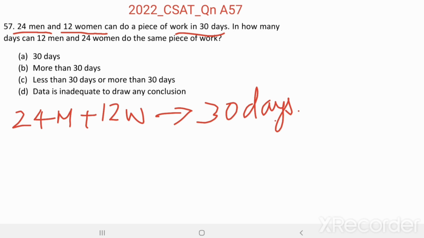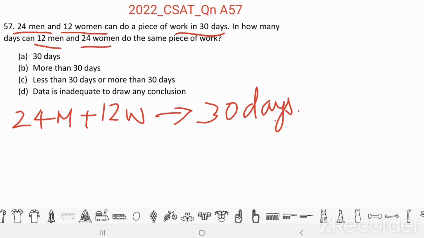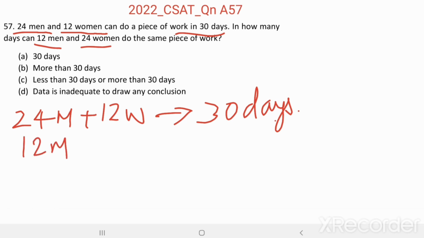Then, how many days will it take for 12 men and 24 women to finish the same work?